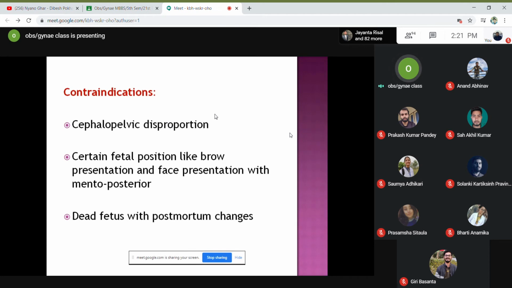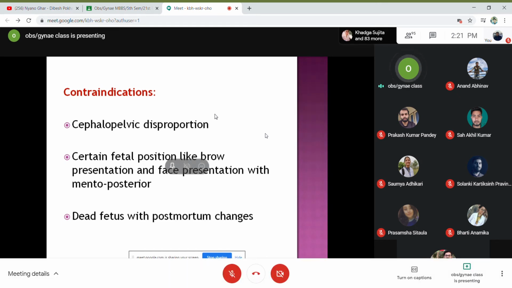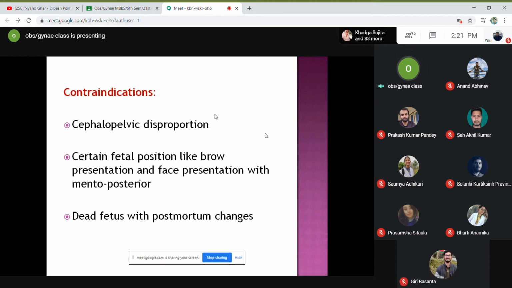Now you have known the indications, you should know the contraindications where you cannot apply the instruments. The main contraindication is cephalopelvic disproportion. If you think that this baby cannot be delivered through this pelvis, then you should never apply the instrument.